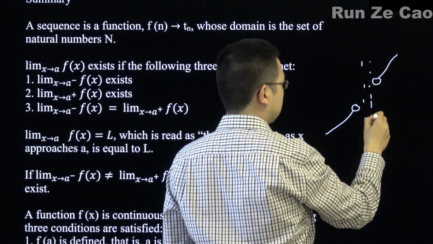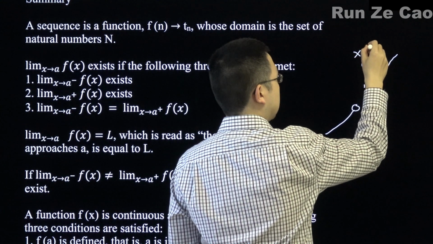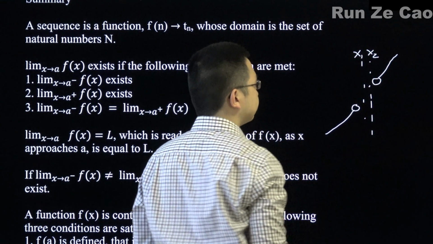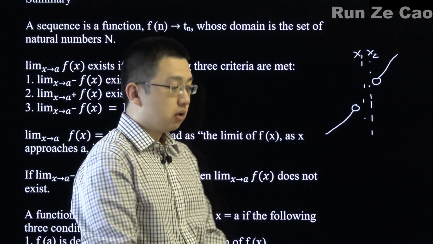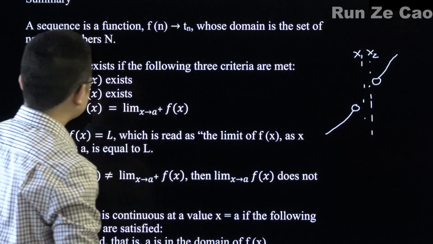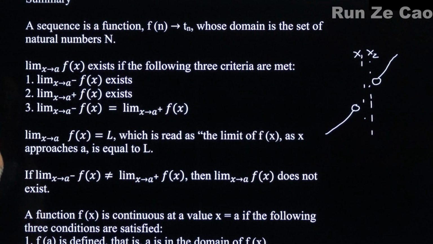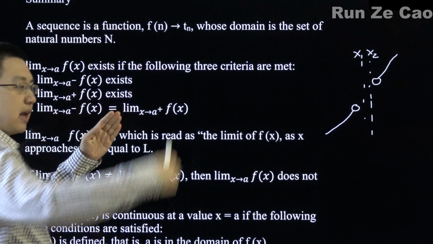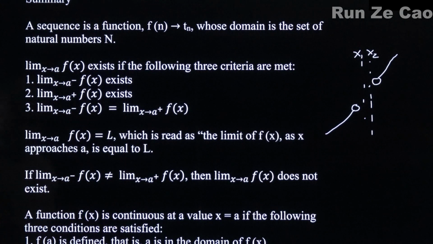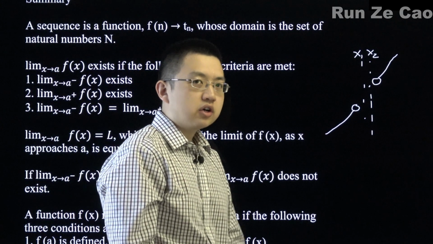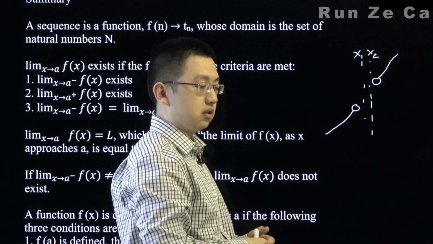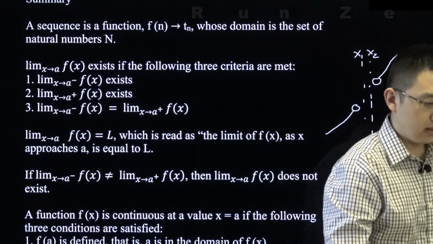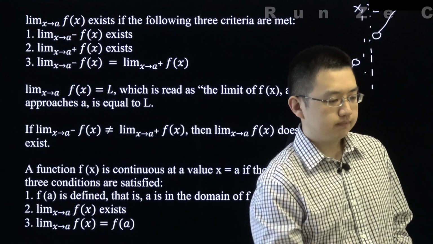Well, let's try these two x values, say x1 and x2. No limits, because, well, we can't approach them. So the limit from the left-hand side has to exist. The limit from the right-hand side has to exist. And, well, these two limits have to be equal. Whether or not they are actually equal to the function value there is irrelevant. You will still have the same limit.